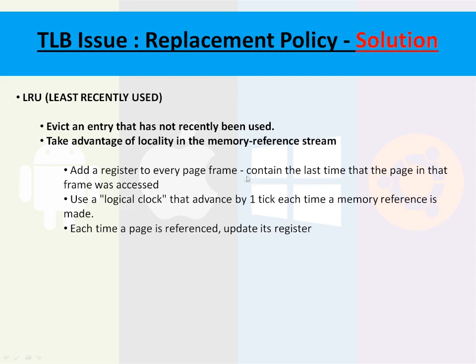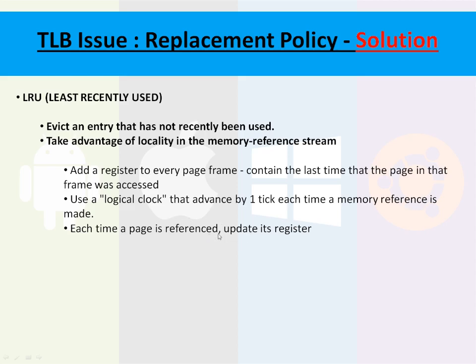To determine what time things were accessed, we use a logical clock that advances by 1 tick each time a memory reference is made. Each time a page is referenced, we update its register. So not only when we put things in do we record their time, but also if we update or re-reference them, we update them with the new time.